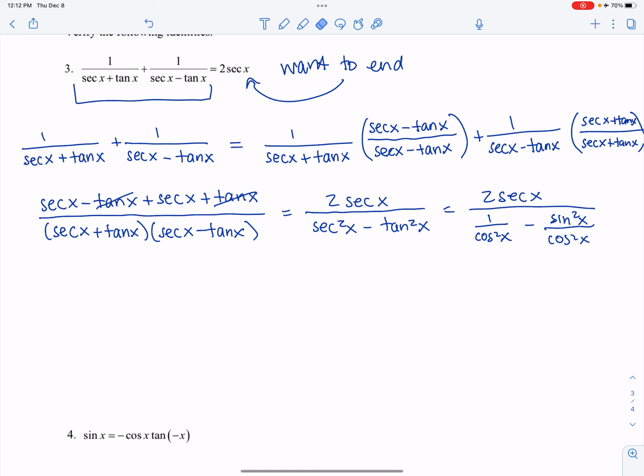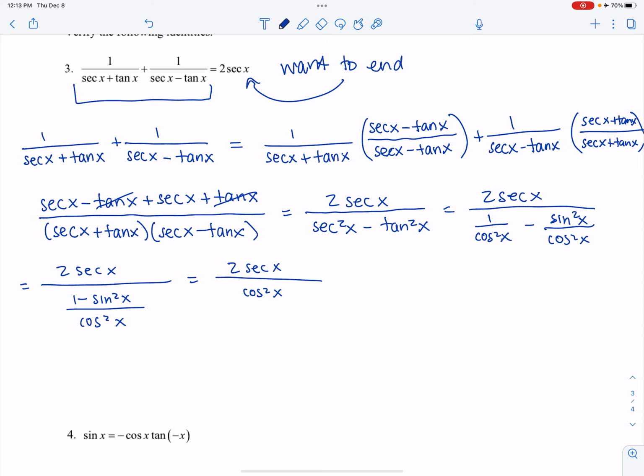So we will have, the top is just hanging out, 2 secant x. On the bottom, we have 1 minus sine squared over common denominator of cosine squared. And if we recall, 1 minus sine squared, we can rewrite as cosine squared.